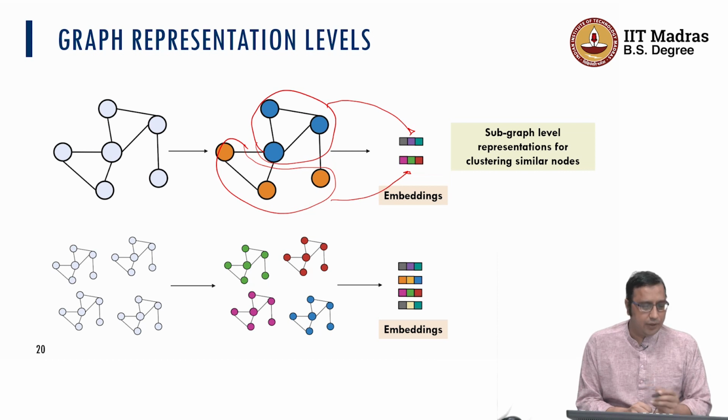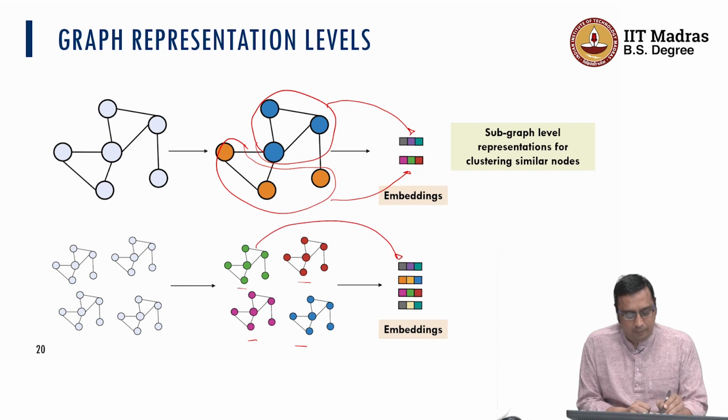Another classical application is a graph level task, where each of these is a different graph, and for each of them we will have an embedding. So for each graph I have one embedding.